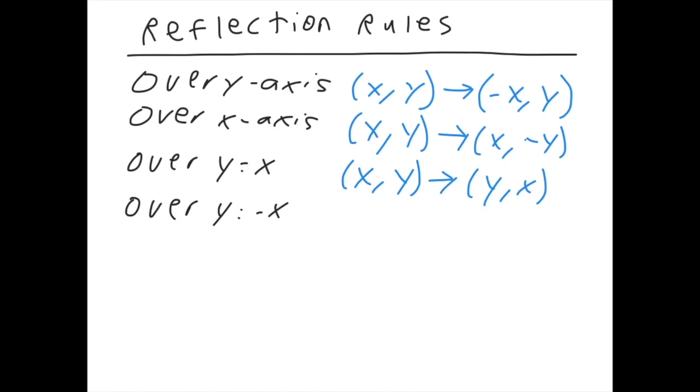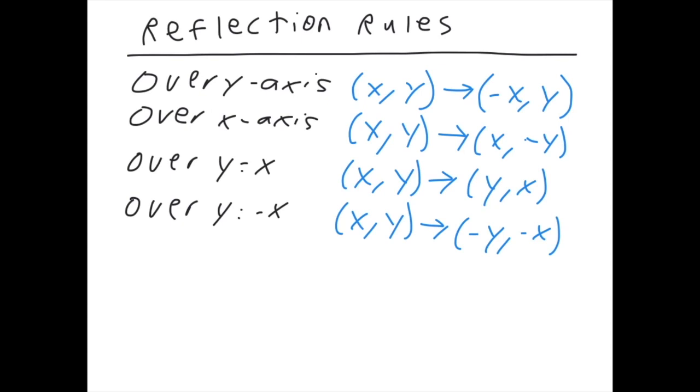And with y equals negative x, (x, y) turns into (negative y, negative x). So not only do we switch the x and the y, but also we turn them both negative.